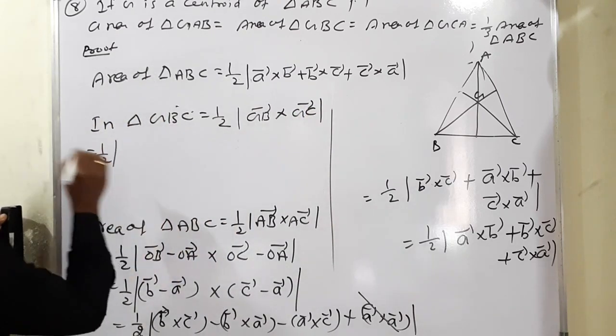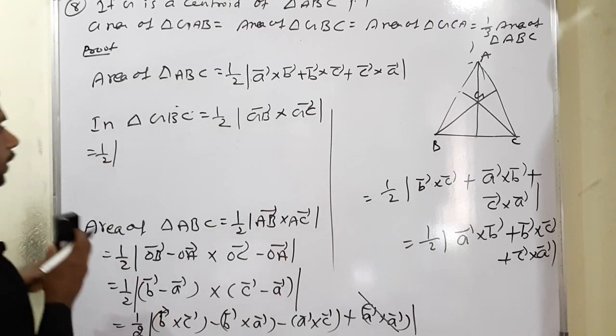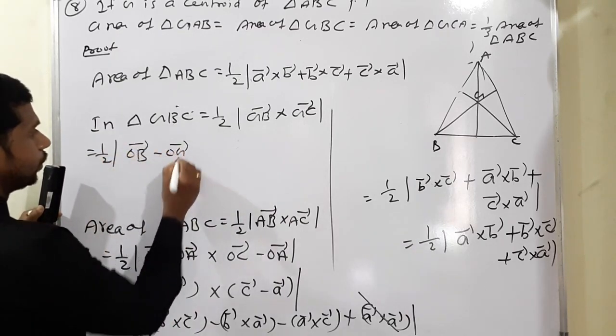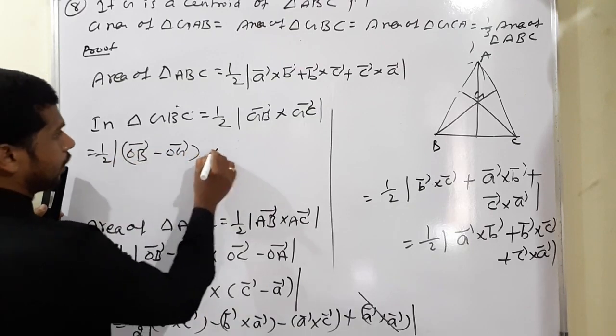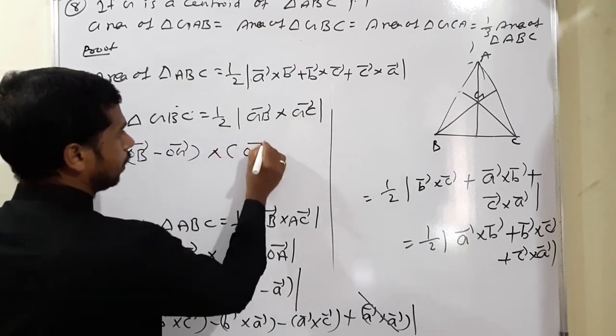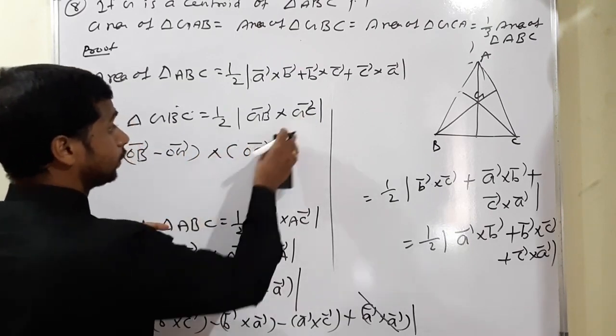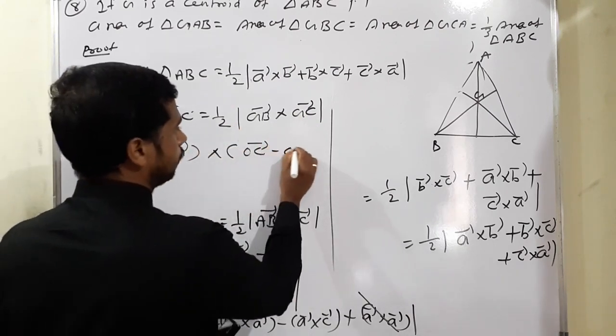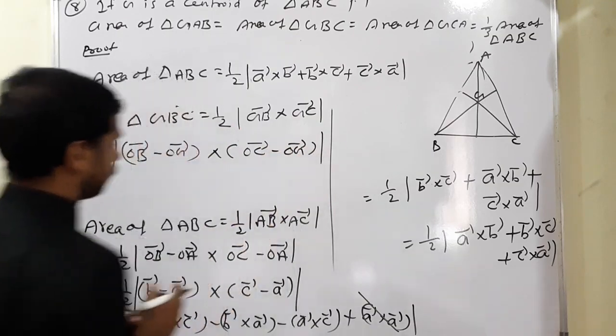Again, half into modulus of GB vector, which in position terms is OB vector minus OG vector, cross GC, which is OC vector minus OG vector, because it is ending point minus starting point.